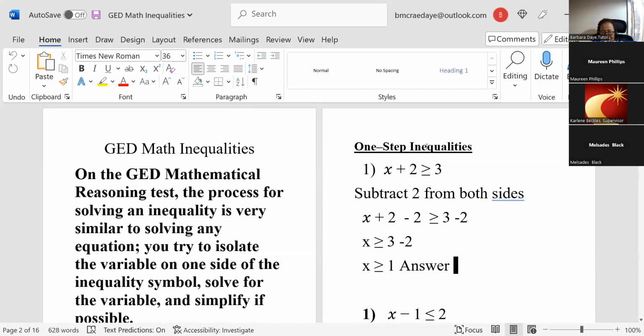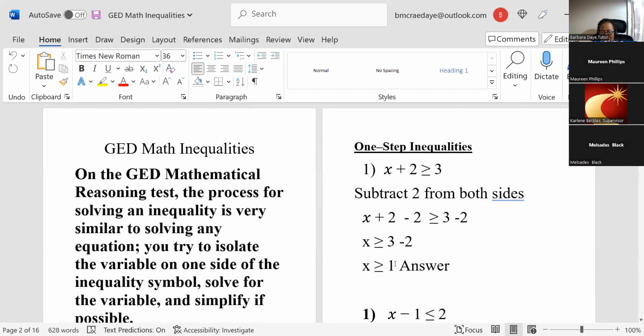That's the greater than or equal symbol. So if the answer was 4, you could use that same sign. You add 2 plus 2, which means 4 is greater than 3. Yeah, you can still use the sign.